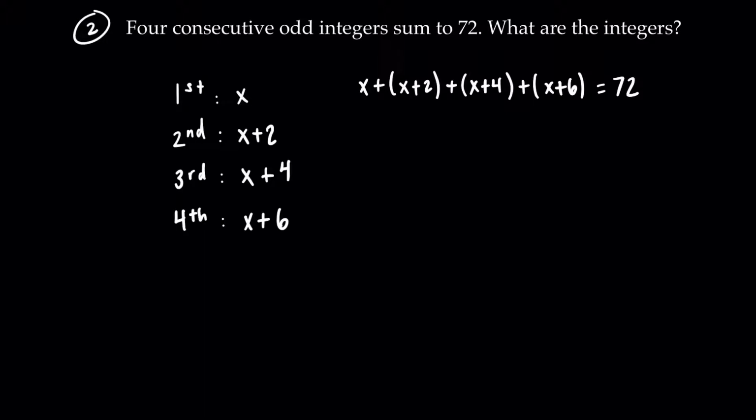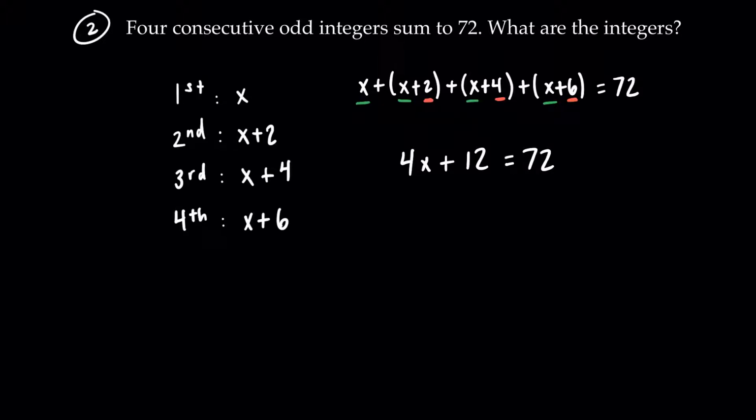Okay, so how many x's do we have here? 1, 2, 3, 4. So we'll say 4x. And then what are we dealing with numbers here? We got 2, 4, and 6. If you add 2, 4, and 6, that would be 12. So 4x plus 12 must equal 72.